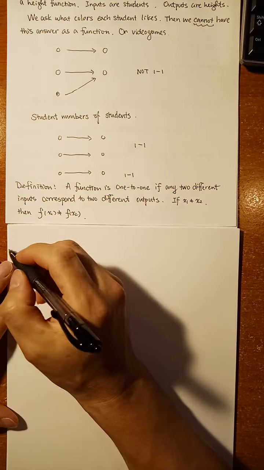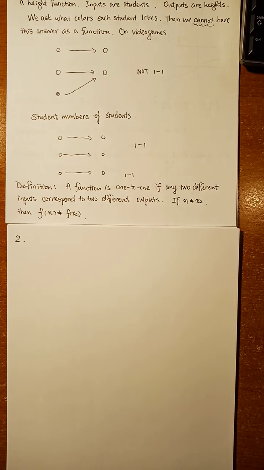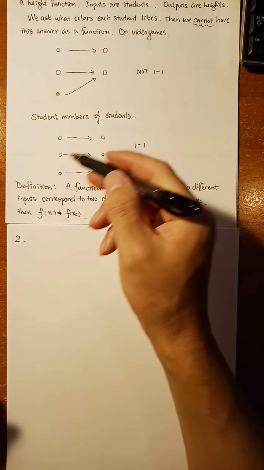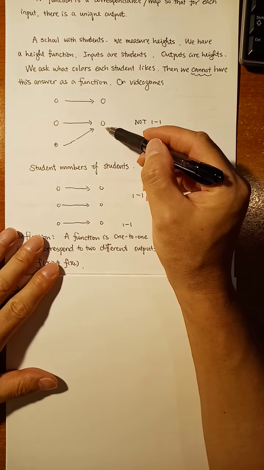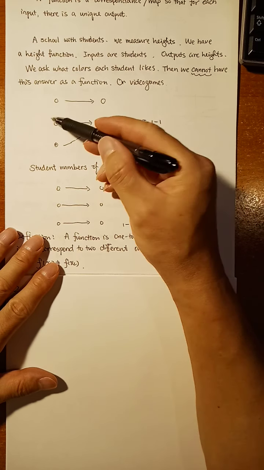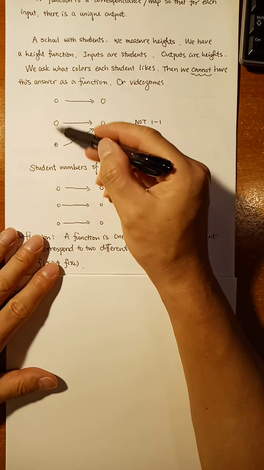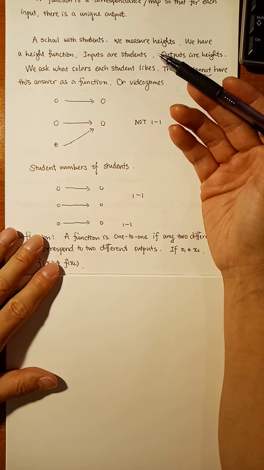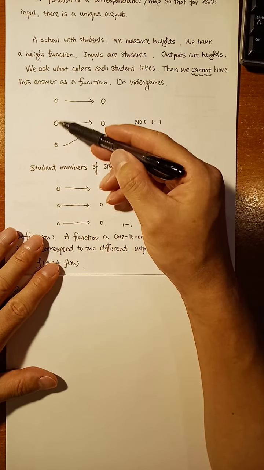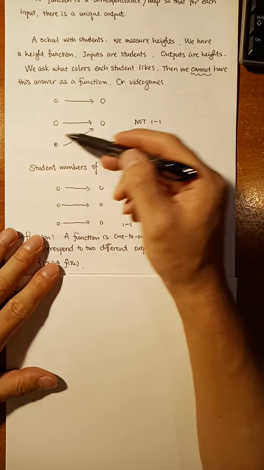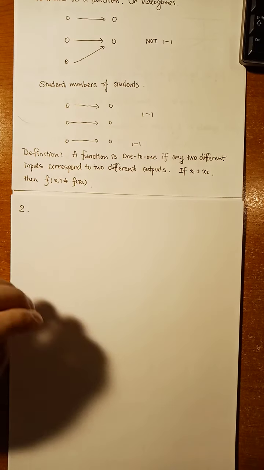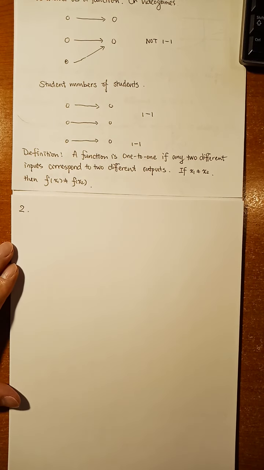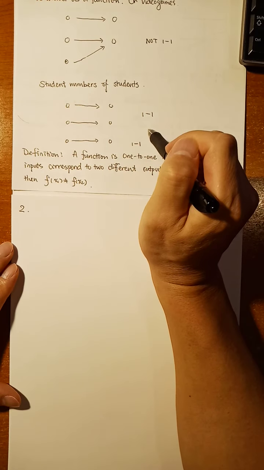We can only discuss the inverse for a one-to-one function. Because if it's not one-to-one, like this one, and you want to go back, which one do you choose? We don't have a rule. We don't know which one we should choose, right? So we can define an inverse function only for a one-to-one function.